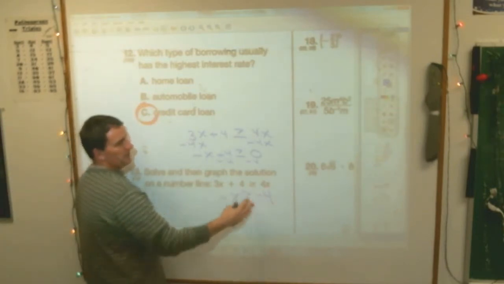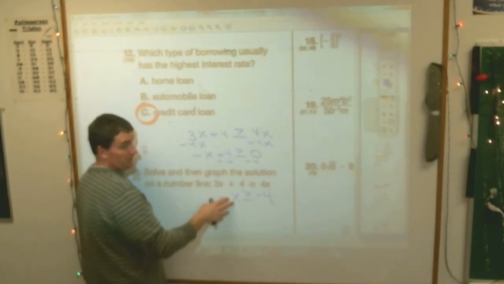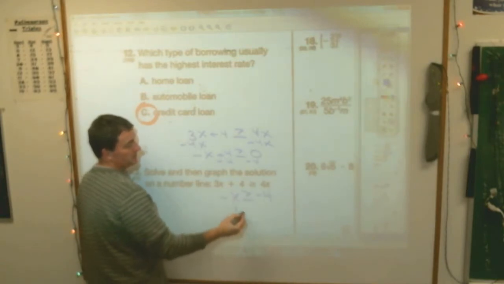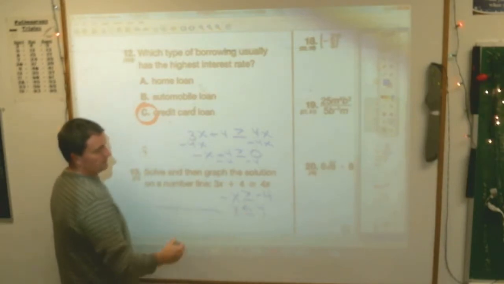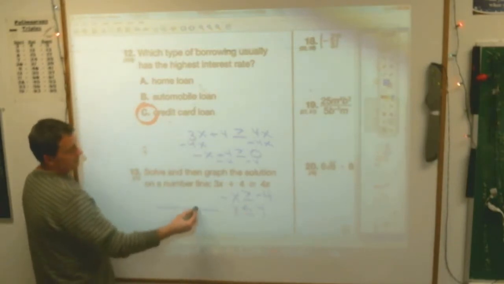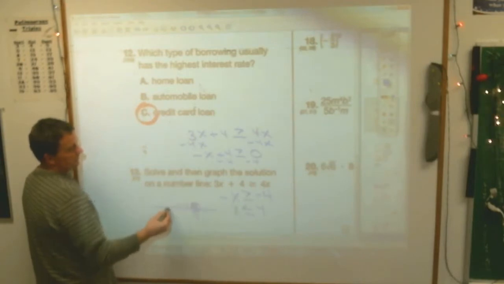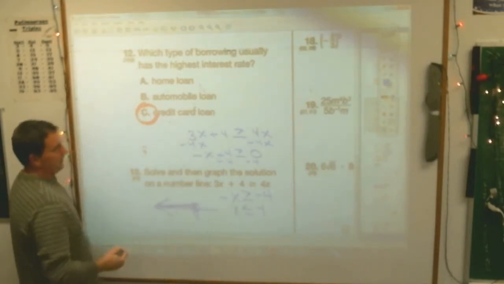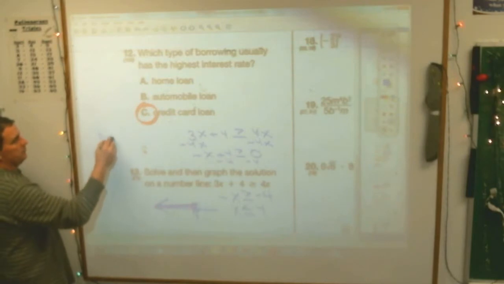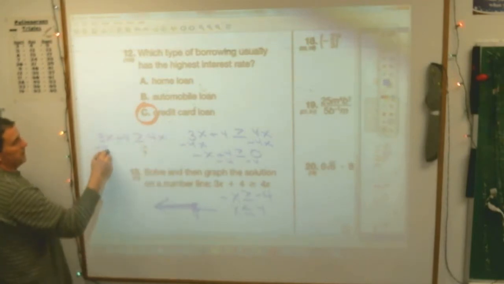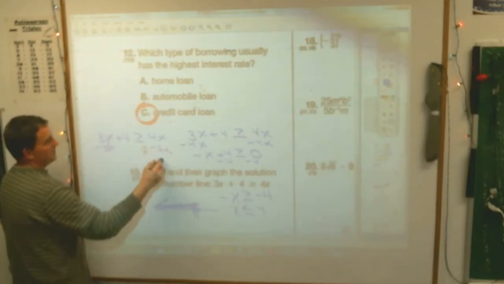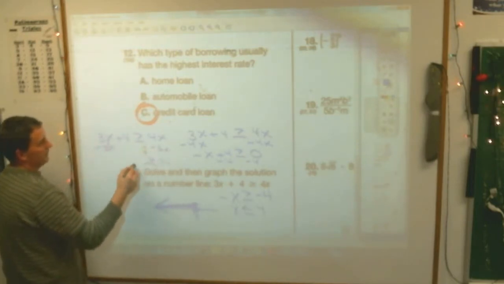This is close to being right, except you're not allowed to have the x being a negative number, so you have to change it to its opposite, this to its opposite, this to its opposite. And then when you graph it at 4, because it's equal to, it's colored in, and it goes this way. And Gary said, can I not do this? And I will say, yes, you can. Can I not just subtract 3x and now I've solved for x? You sure can, except for this.